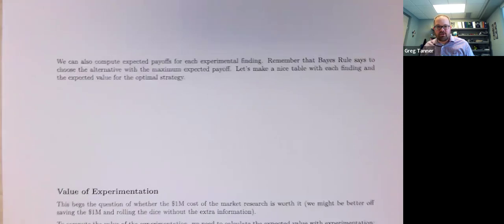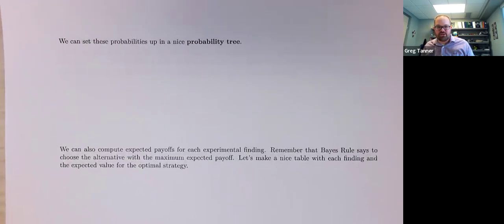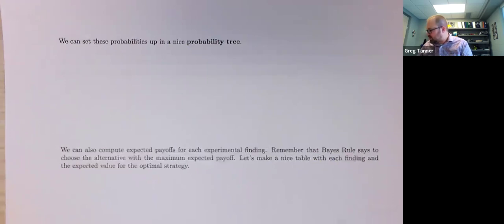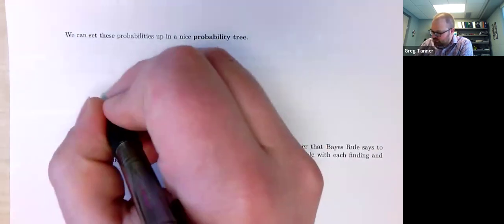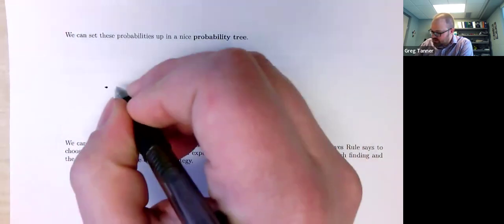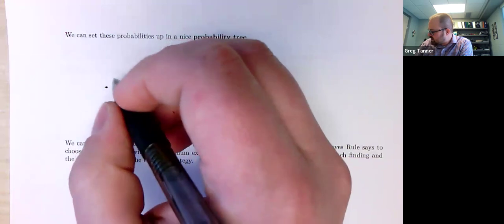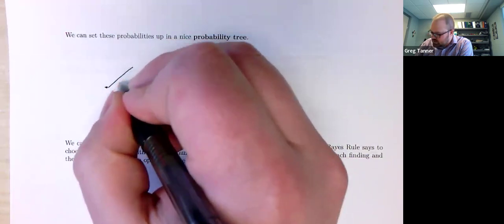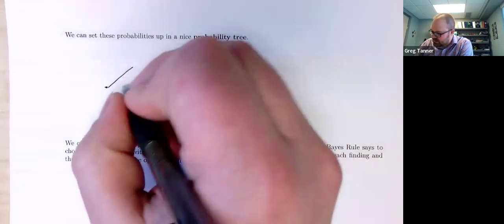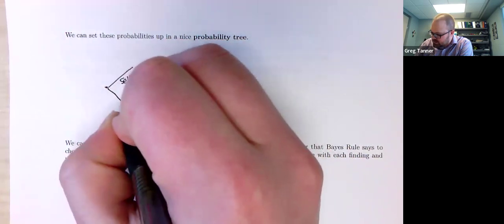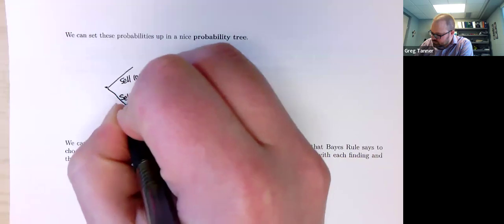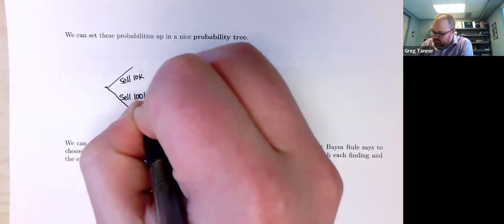Let's then move on to, I'll show you a trick on how you can compute these with a probability tree. So for the probability tree, you start off with your priors. Okay, I'm wondering if I gave myself enough room here. So you start off with your priors and your two possible states. So we could sell 10K or we could sell 100K.